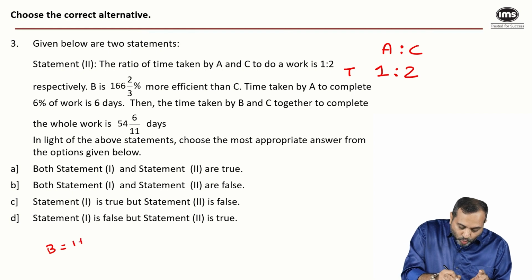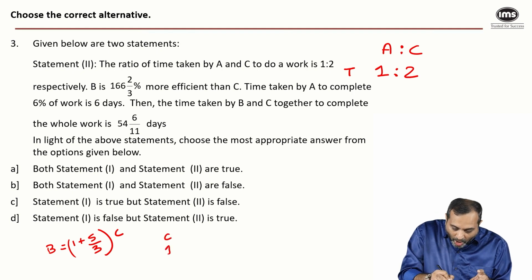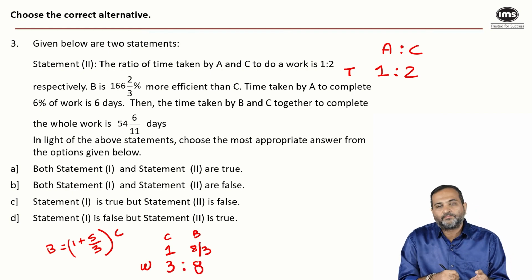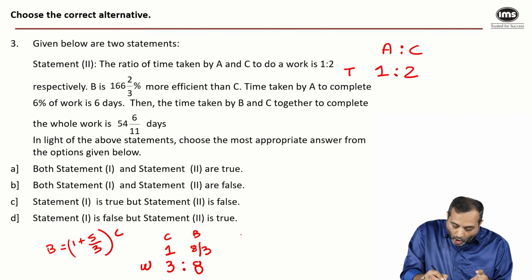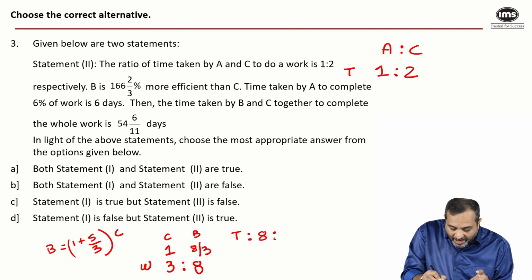So B is 1 plus 5/3 times C. That means if C does 1 unit of job, B will do 8/3 units of job. So ratio of work done by them is 3:8. So ratio of time taken for C and B, therefore, can I say should be 8:3?